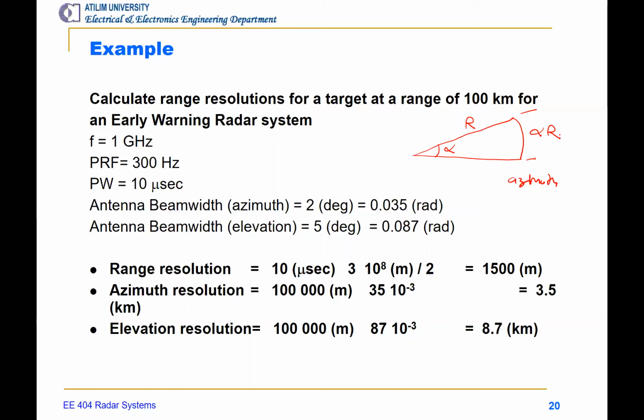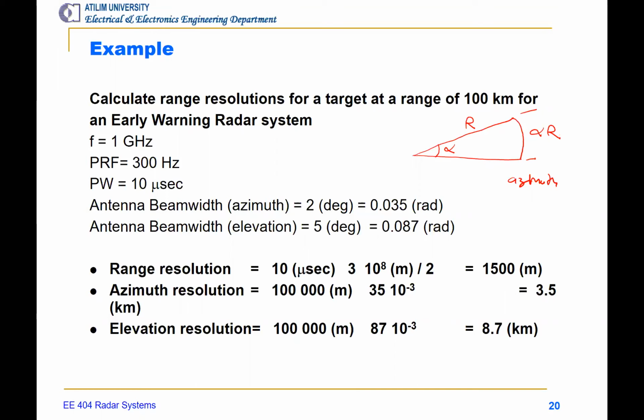So the higher the range, you see, the higher the arc length, okay? Which means that the radar cell will be getting bigger with the distance. But in range, it's constant. Range resolution is constant. But the resolutions in azimuth and elevation increase with the range, due to this arc length.